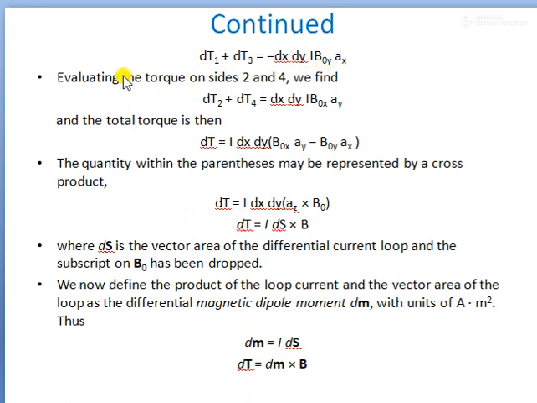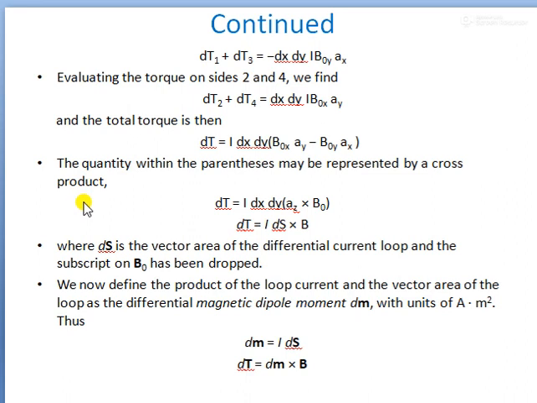Now evaluating the torque on sides 2 and 4, we find dT2 plus dT4 is equal to I dx dy B0x ay, and then the total torque is given by dT is equal to I dx dy (B0x ay minus B0y ax).